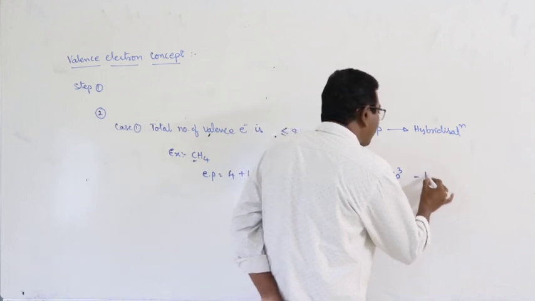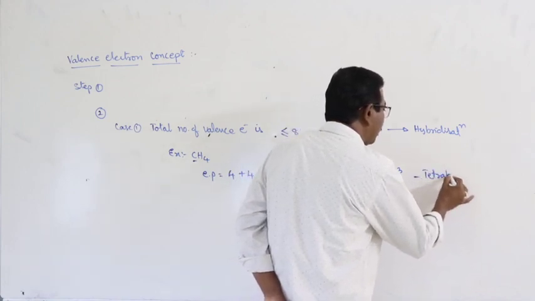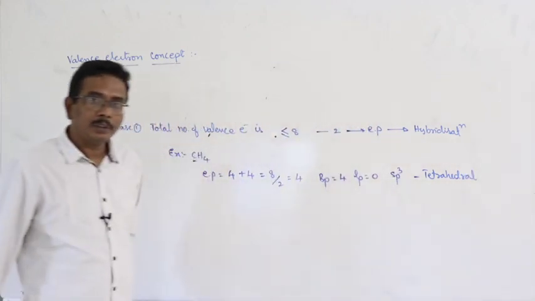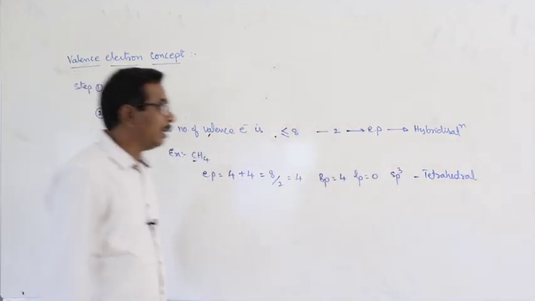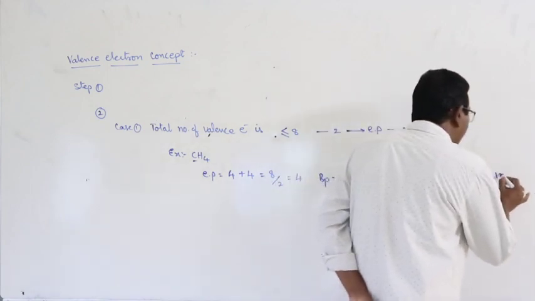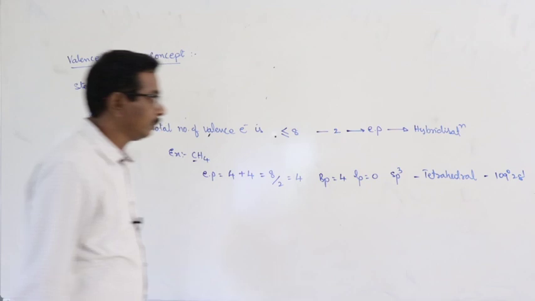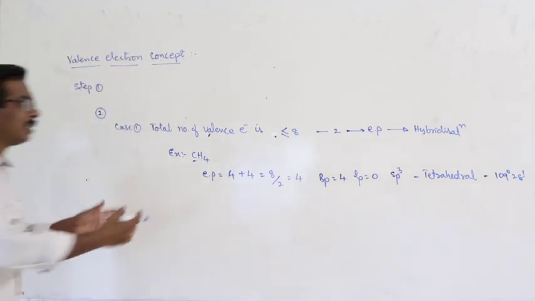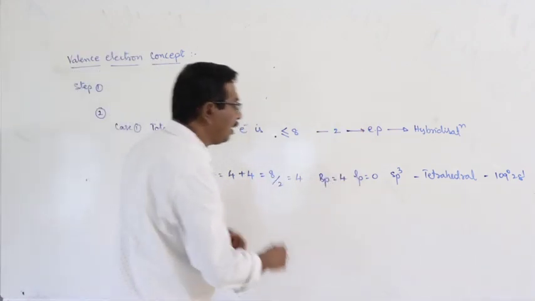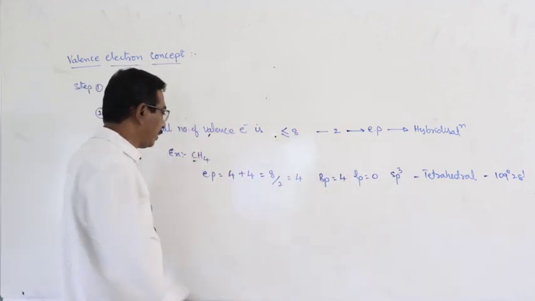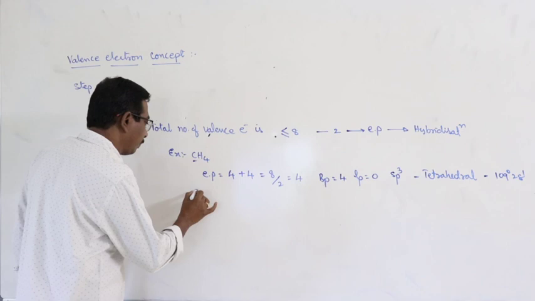Therefore, the shape of the molecule is tetrahedral, and the bond angle is 109 degrees 28 minutes. You have to recall the details of VSEPR theory or the concept of hybridization, whatever it may be. This is example 1.